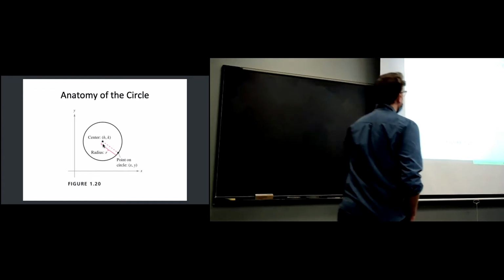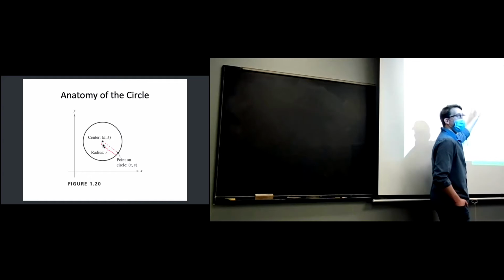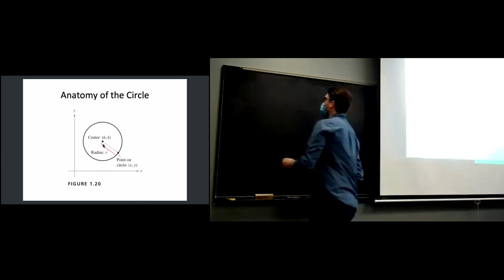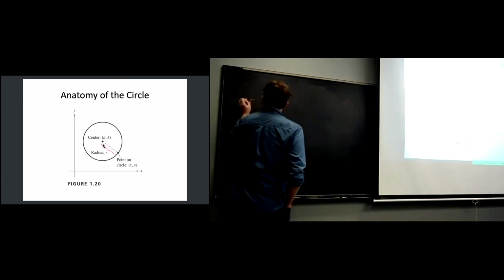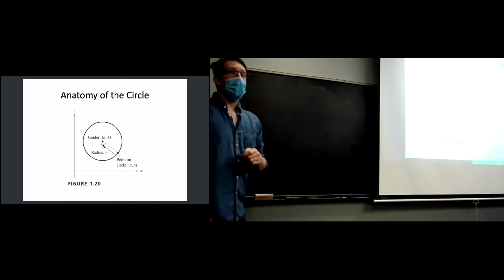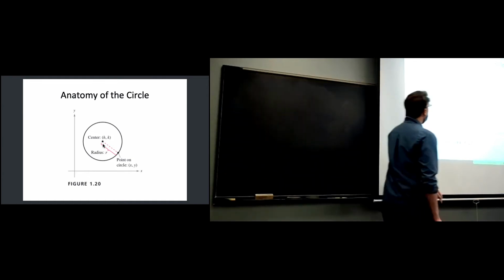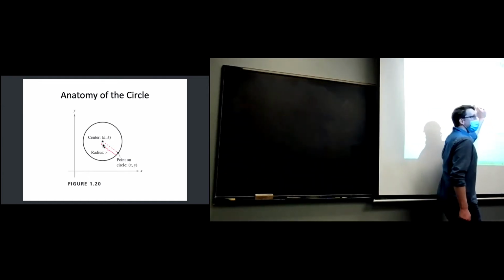Well, every point on the circle is going to be r away from the center, right? And our distance formula can be applied here. Since r is going to be represented as the distance, right? It's the distance from the point on your circle to the center of the circle.